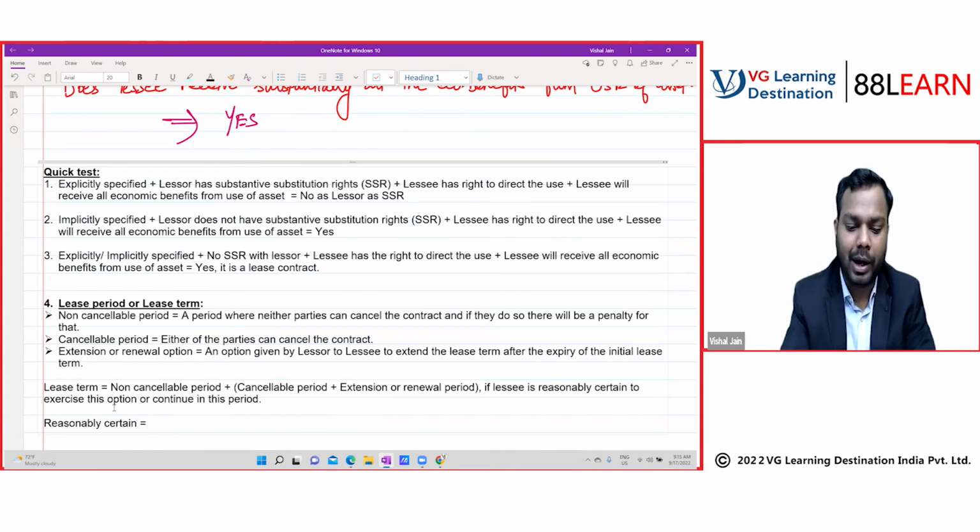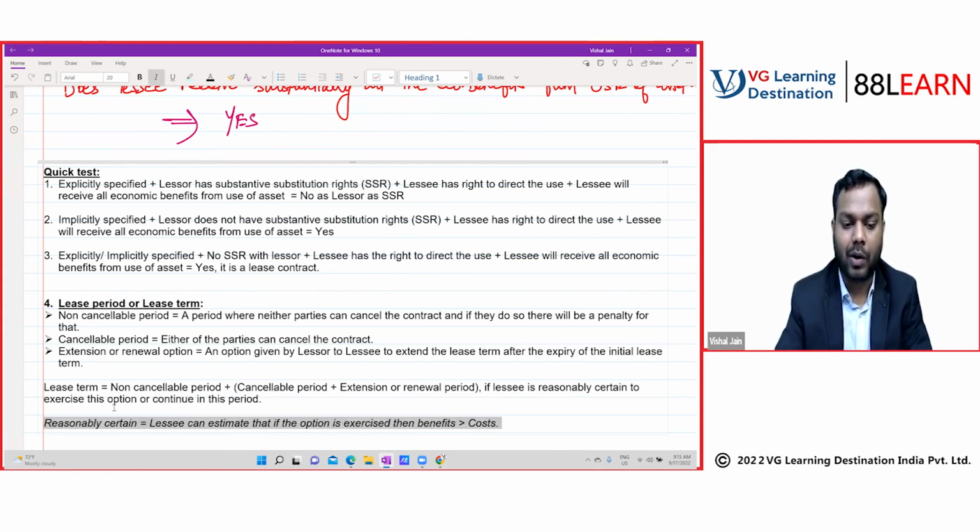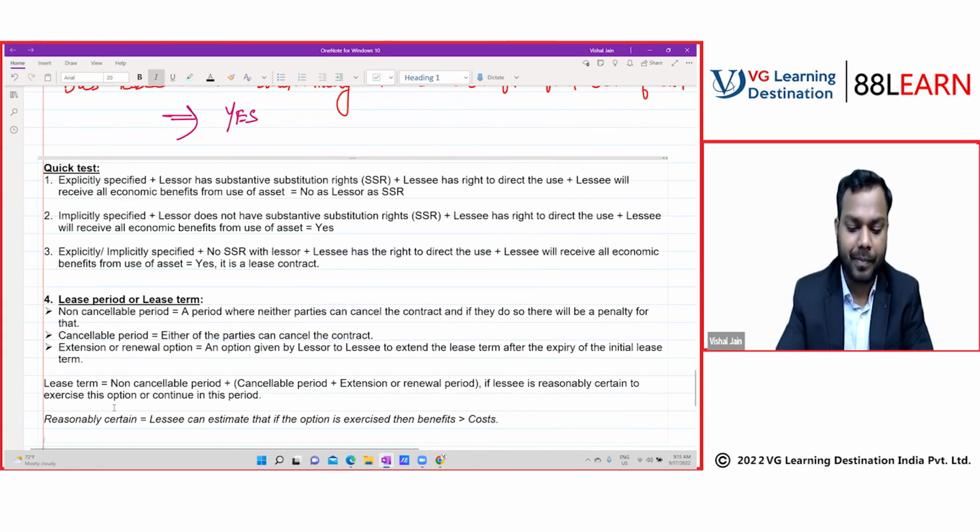Meaning thereby, the lessee can estimate that if the option is exercised, then benefits will be greater than the costs. So that is called reasonably certain. Now, to give an example.